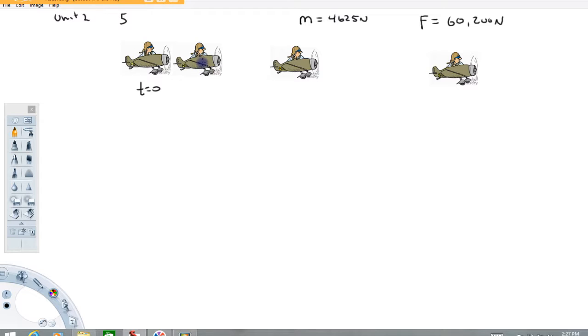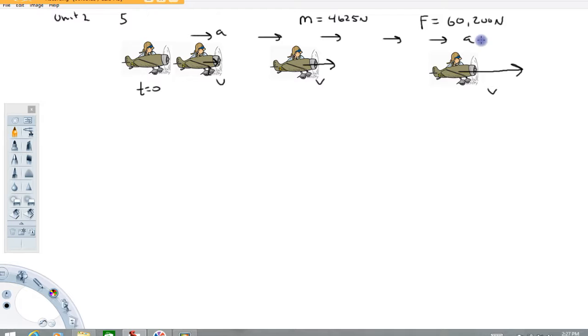In this picture, the plane's moving a little bit, so I might give it a wee little velocity vector. Now the plane's moving a bit faster, so its velocity has increased. Now it's moving even faster, so its velocity has increased. The acceleration of the plane is in this direction. I'm going to assume constant acceleration for this problem. So right now I'm just drawing a picture that's describing what's going on.